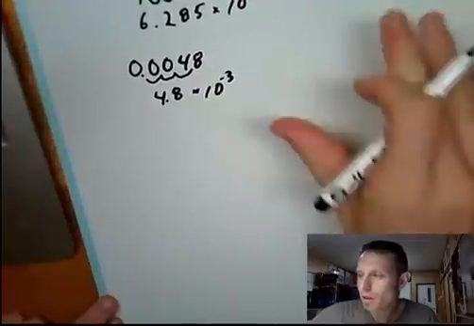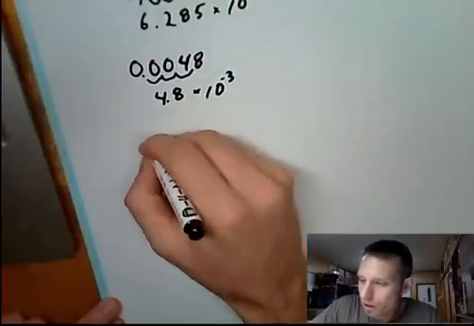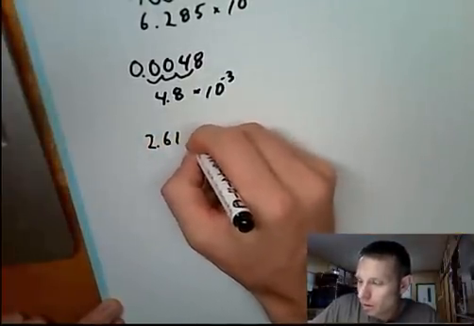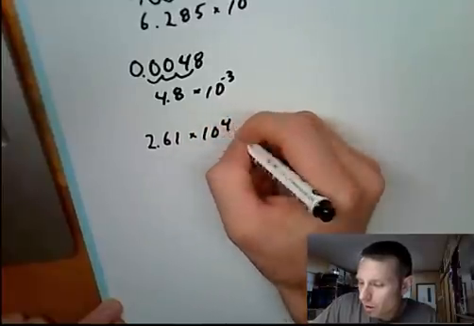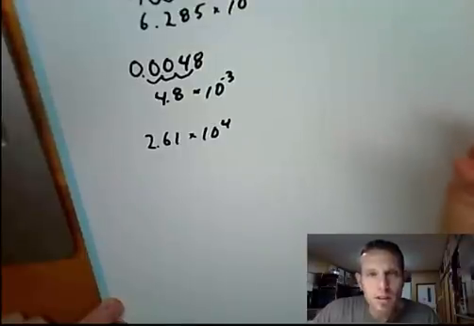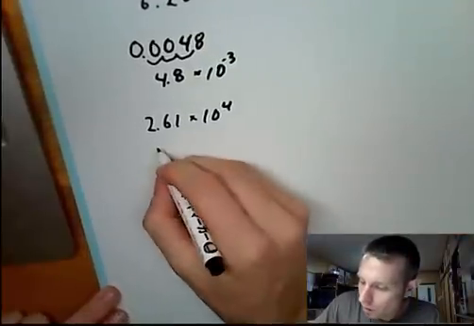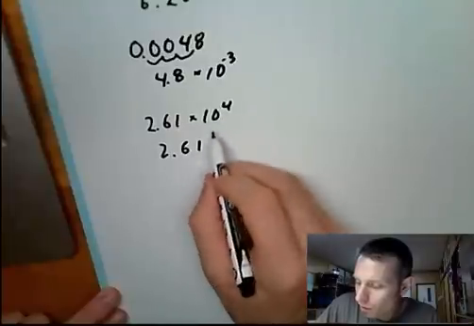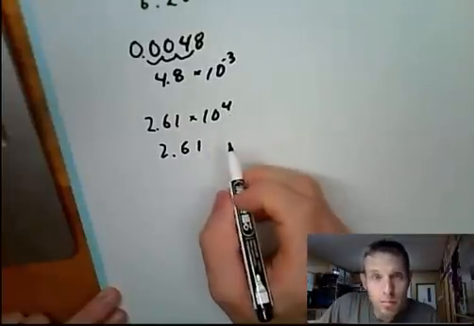Okay, now let's go back the other way. Let's go from scientific notation, for example, 2.61 times 10 to the fourth power, and let's make this into standard form. We have 2.61. We're going to move this decimal over, and because it's a positive exponent, it's going to be a bigger number.